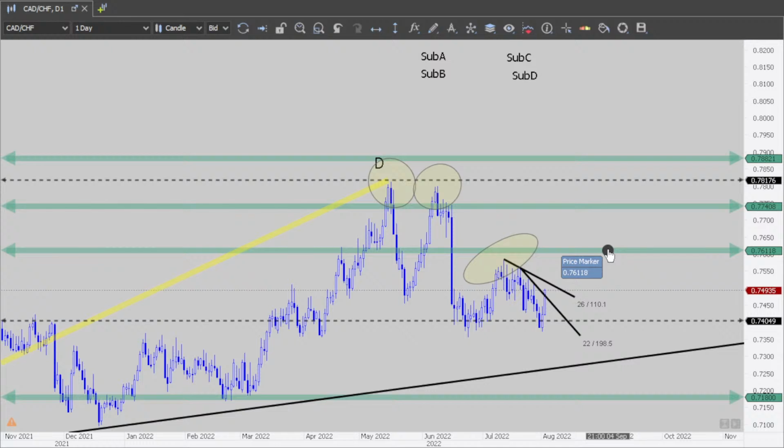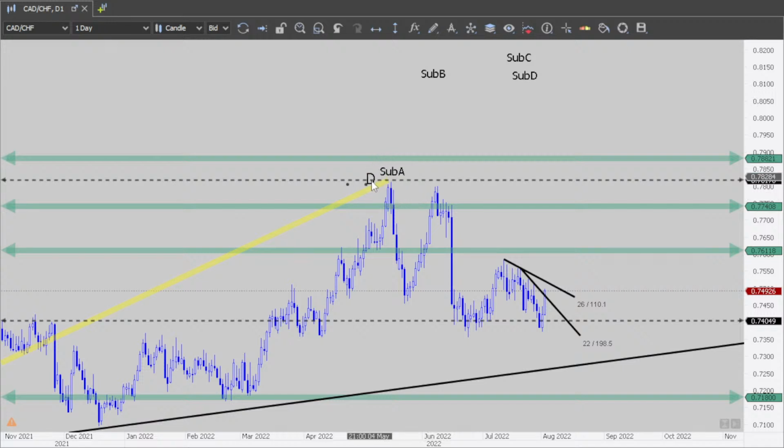Sub A in this situation is the D. So first circle, then C, right? Same rules apply, everybody. This is our sub A. Why is this the correct sub A, everybody?